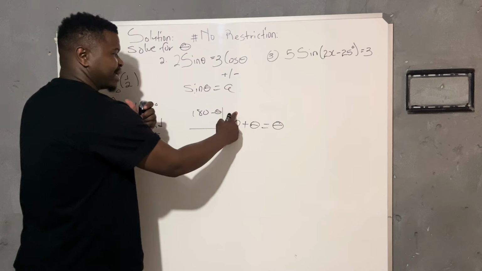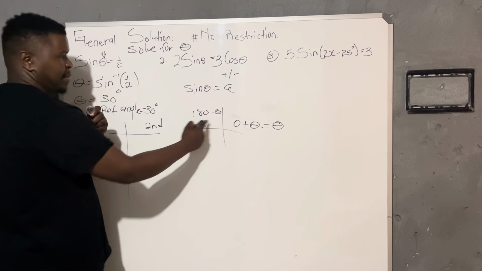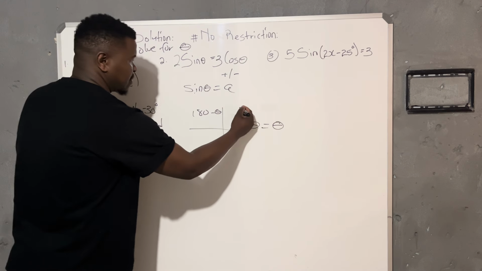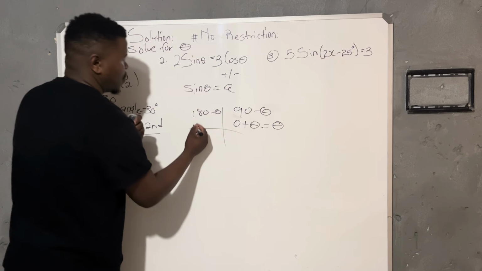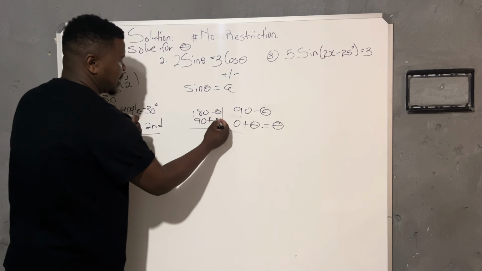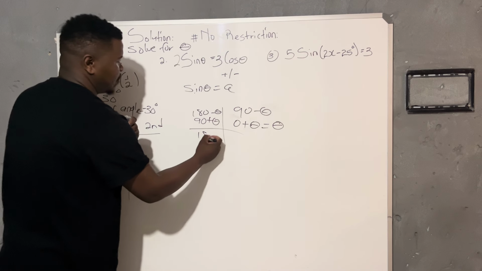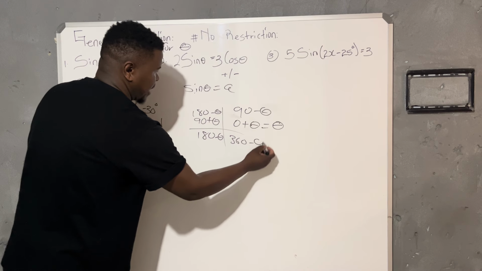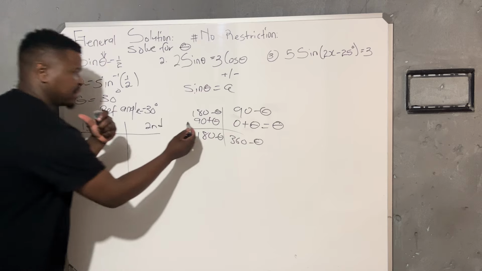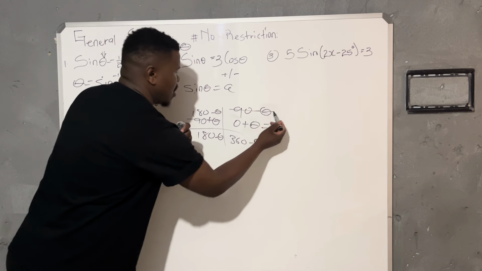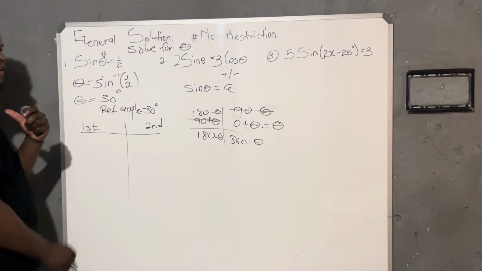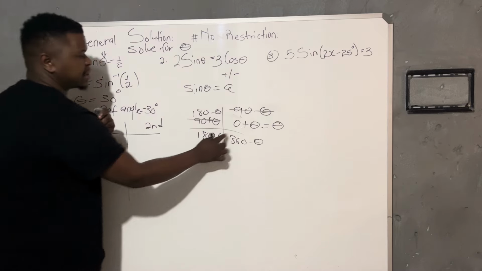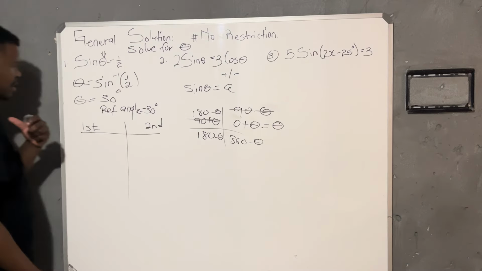We know that we've got 180 minus, we've got 90 minus, we have 90 plus, we have 180 minus, we have 360 minus. But let us not focus on the ones that are co-function. Let us rotate amongst these ones.